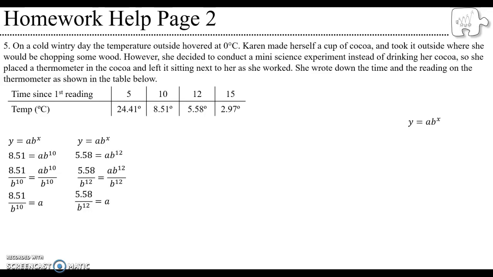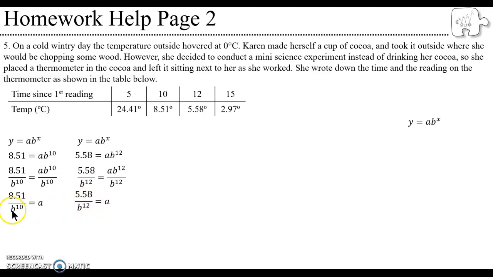So the next thing we've got to do, I'll give you a second to finish writing this down just in case you need it. But remember, we can use the equal values method now because both of the equations are in the form A equals. We know that A equals 8.51 over b to the 10, and we also know that A equals 5.58 over b to the 12.